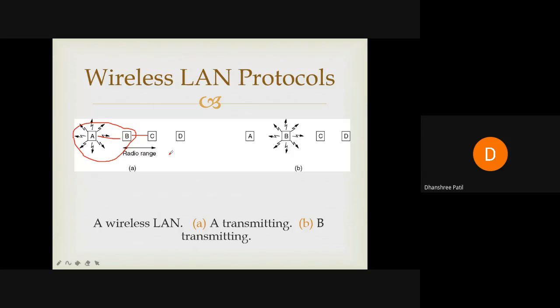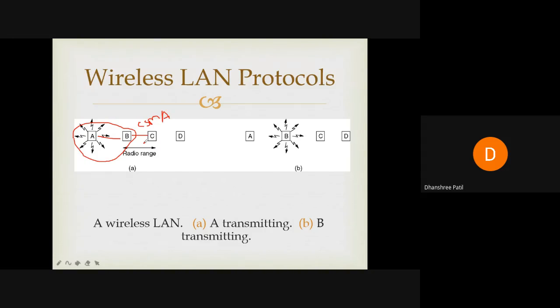Now in that case suppose CSMA is used. What is the purpose of CSMA? It checks the medium only, right? Now the medium is the channel, it will only check that. Is anything being transmitted here? No, it is totally free, right?